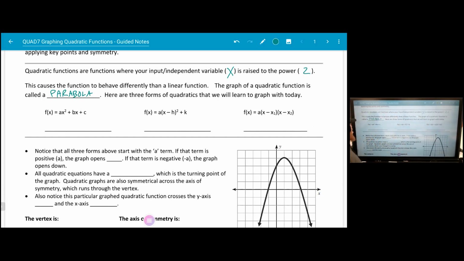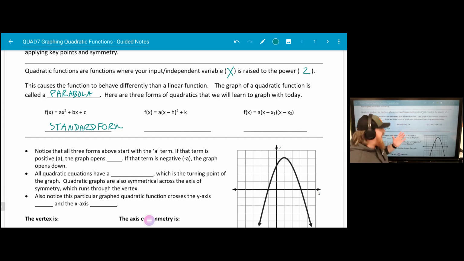The first one, this ax squared plus bx plus c, should be something we've seen several times coming up. We call this standard form. This is the one we started with at the beginning of the year, the translations and transformations, right? a times (x minus h) squared plus k.